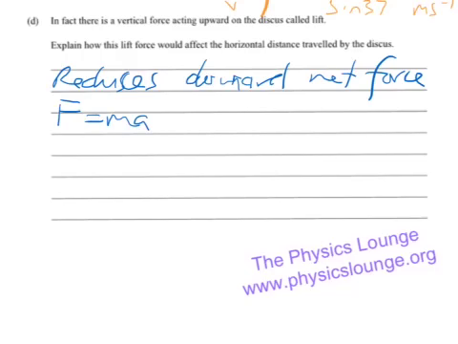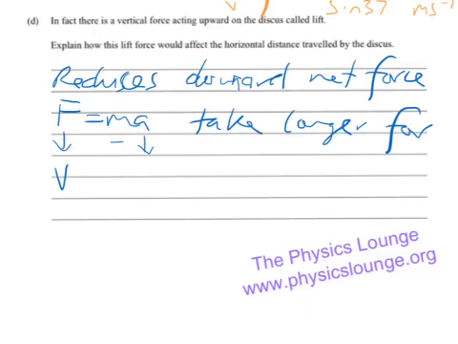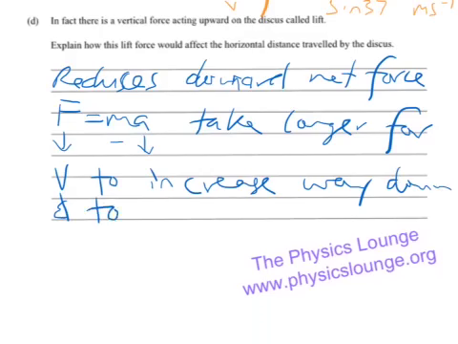We know that if the force is decreased, for the same mass, that means the acceleration has to decrease. That means that it will take longer for the velocity to increase on the way down and to decrease on the way up.